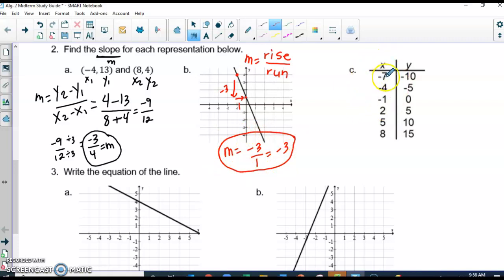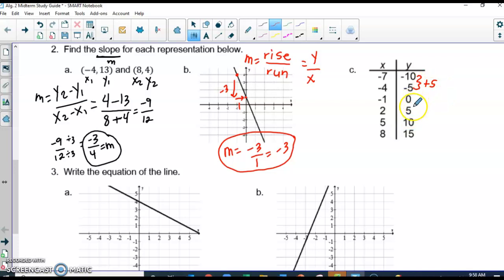For C, I'm given a table of points. When I think about rise over run, I can associate that with y's on the top and x's on the bottom. So as I look at the change in y over the change in x, my change in y is going to be on the top and my change in x is going to be on the bottom. So I'm just going to start with my y. To go from -10 to -5, I add 5.